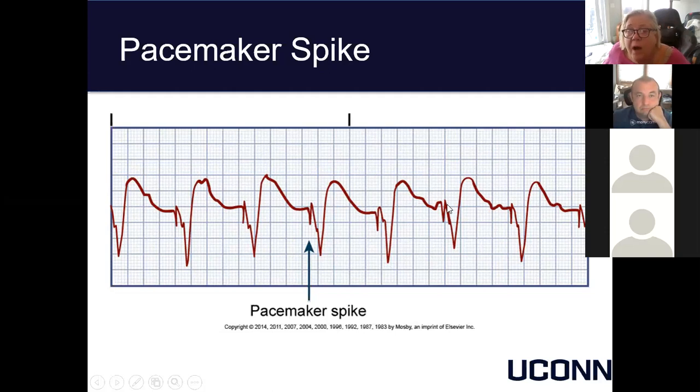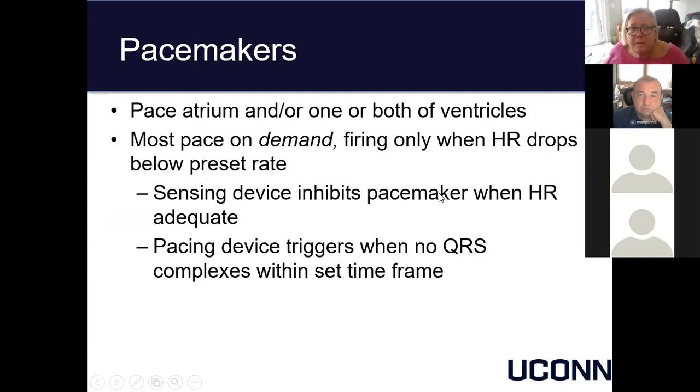Wide. It's wide. So we know that it's not traveling down the bundles or the Purkinje fibers. It's traveling its own pathway. So again, it's going to be wide and bizarre. It's not a PVC. This is a pacemaker-induced contraction. And in this patient's case, I don't see any P waves. It looks like we just have a ventricular pacemaker.